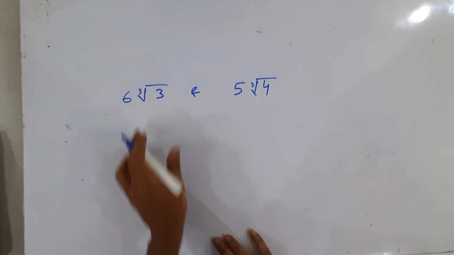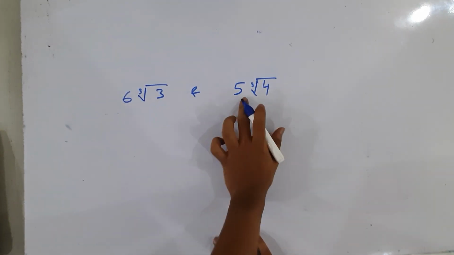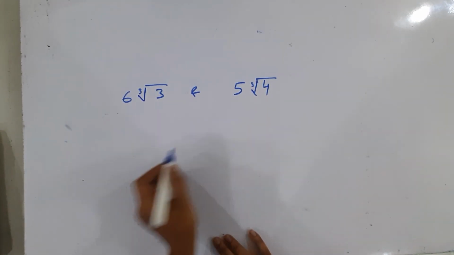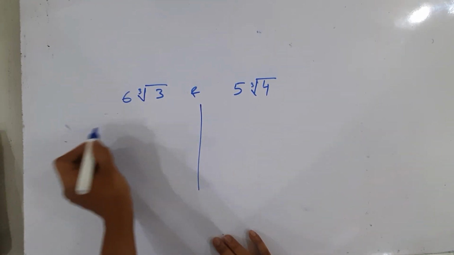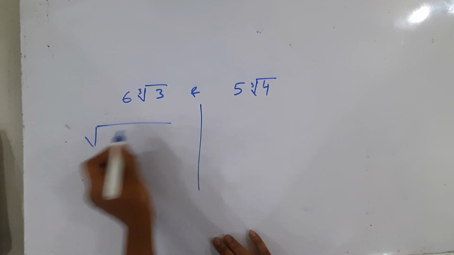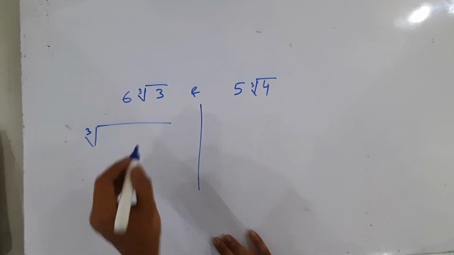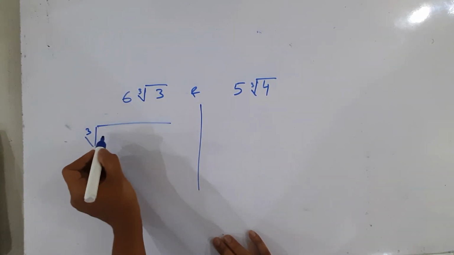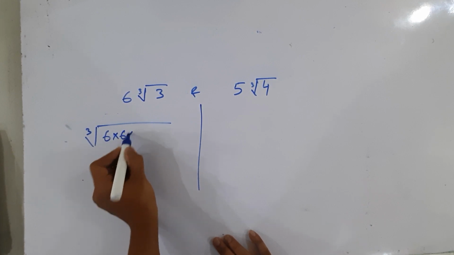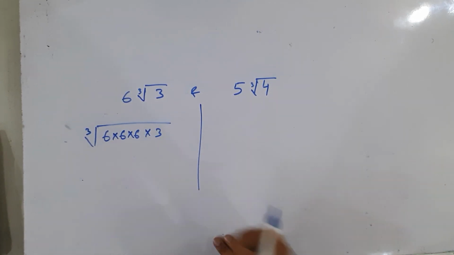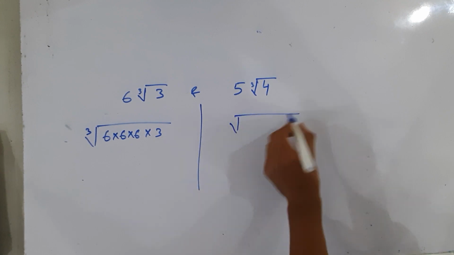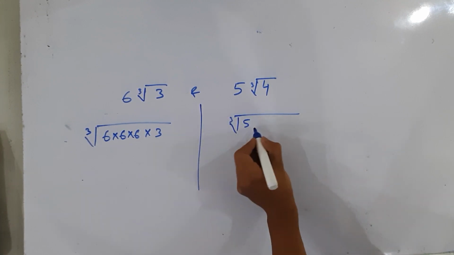Now taking another example. Suppose we have to compare between 6 cube root 3 and 5 cube root 4. So again here also we will do the same, since it is cube root. We will take 6 inside 3 times, since it is cube root, and 3 is already present. Here also we will do the same thing, 5 is taken 3 times.